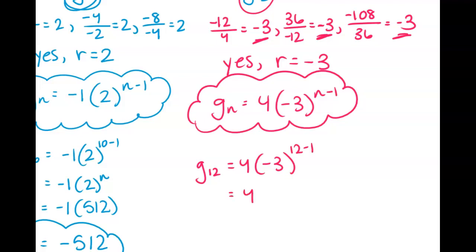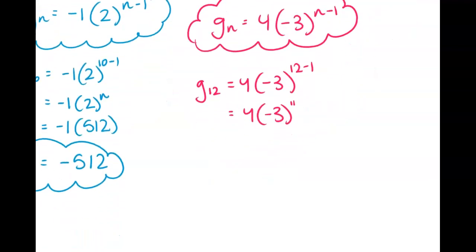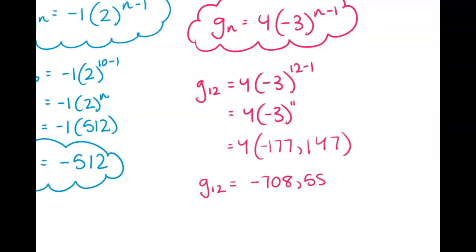So this is 4 times negative 3 to the 11th. I don't just know this, I use my calculator: negative 177,147. If you multiply that, our 12th term ends up being negative 708,580.